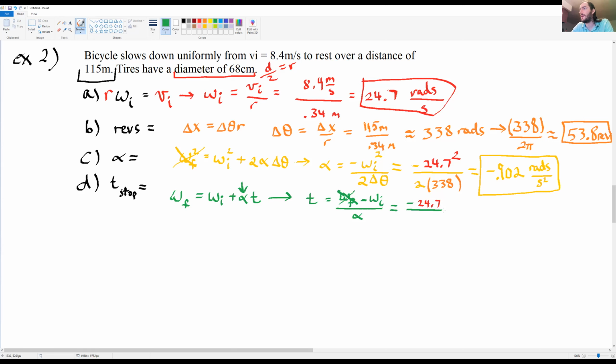And alpha is minus, oops, wrong yellow, minus 0.902 radians per second squared. And we can see that the minus signs there cancel. That's going to be 2 pluses. And we get for this answer here, I just look at the answer again, 27.4 seconds.